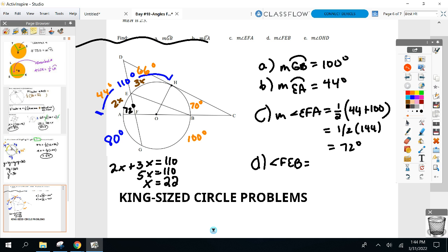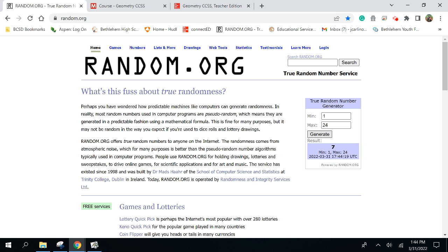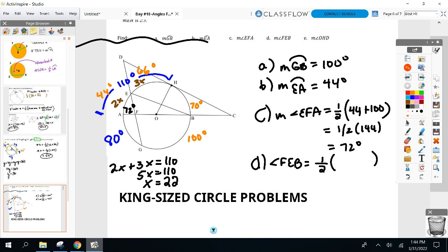It's inscribed, so the rule is you take half its arc only. So FEB belongs to which arc? GB, which is 100. So FEB is going to be 50.